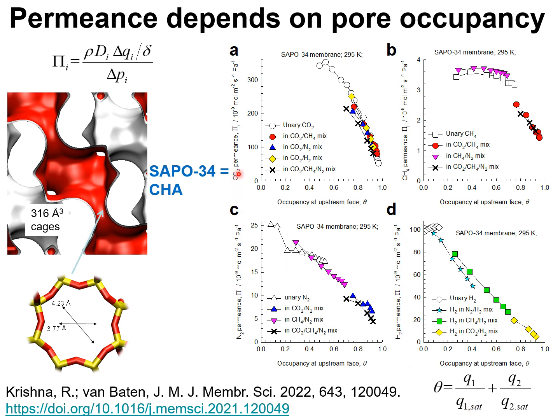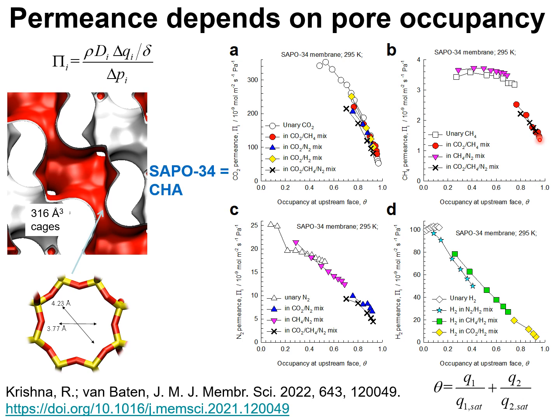If the component permeances are plotted against the occupancy at the upstream face, we see that there is a very good correspondence between the component permeance in the mixture with the unary permeance. This is true for CO2. This is true for methane.